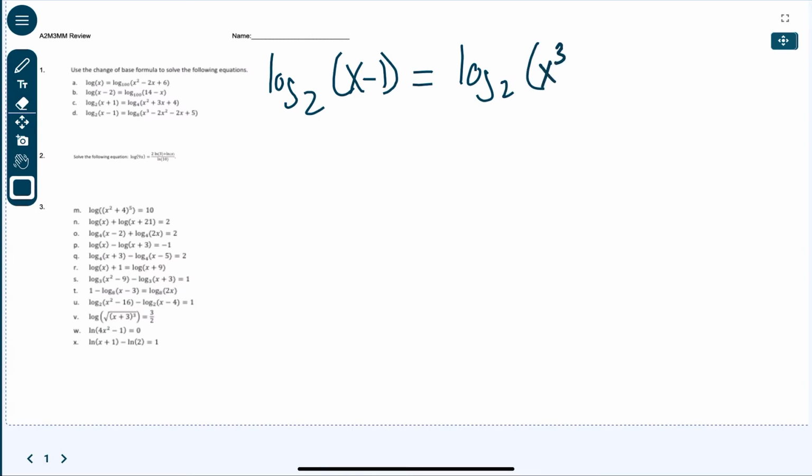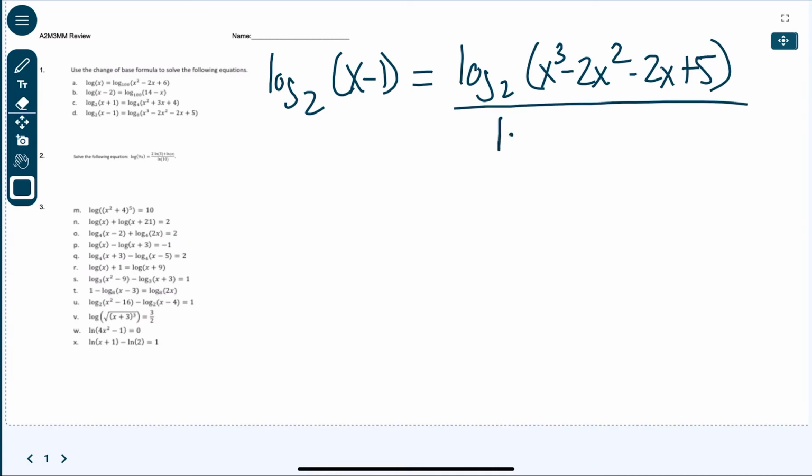We can have that as x cubed minus 2x squared minus 2x plus 5 all over log base 2 of 8. And that's going to give us, what power of 2 is 8? That's going to give us 3. 2, 4, 8, yeah.